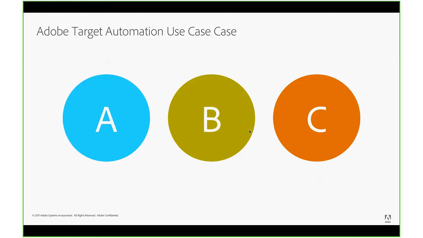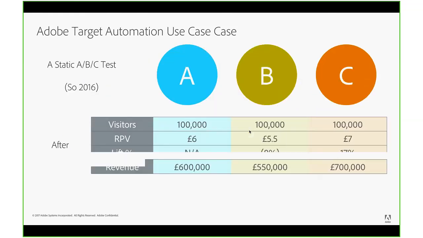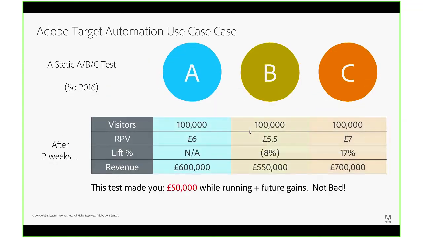If we were to run a straight A, B, C test, the outcome might be very positive. We might find that by using version C we're able to create an increment on the test itself.